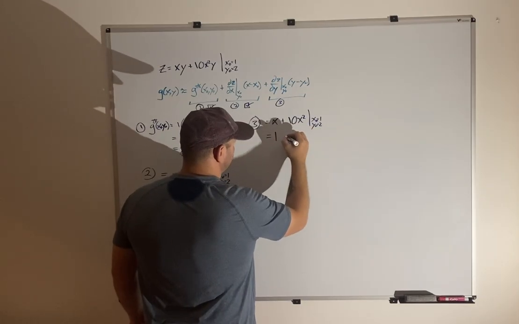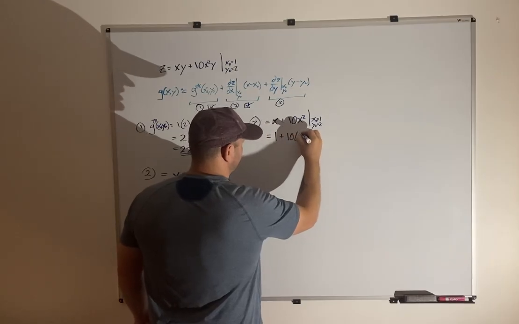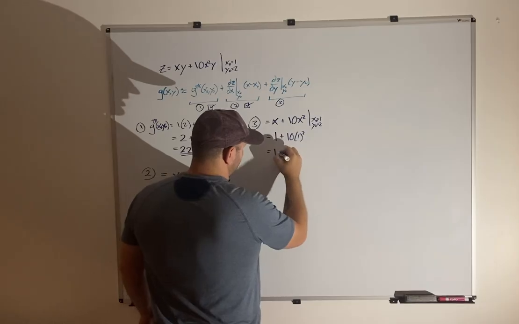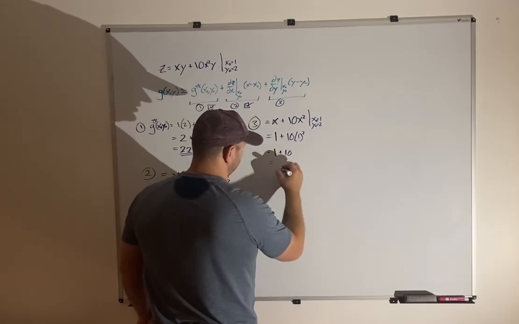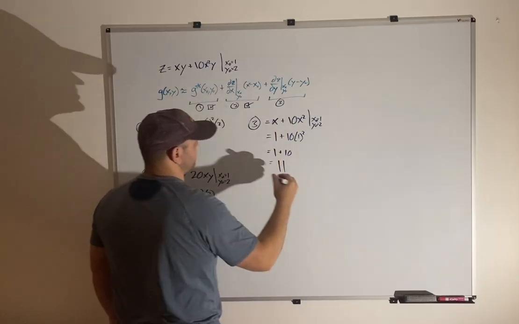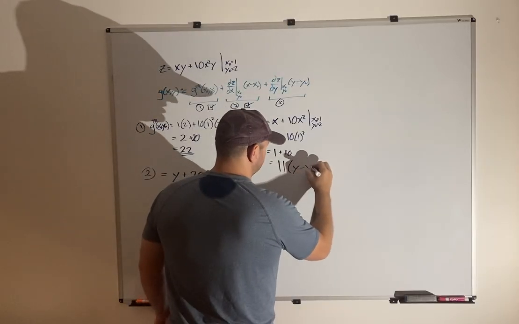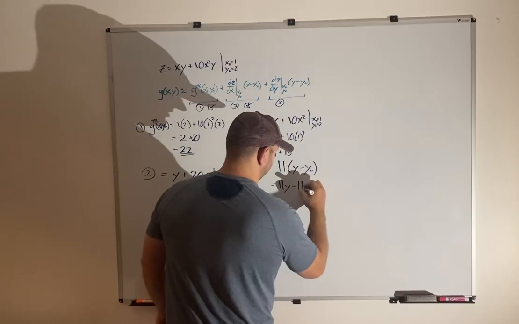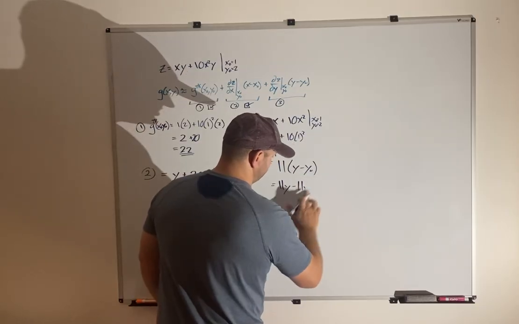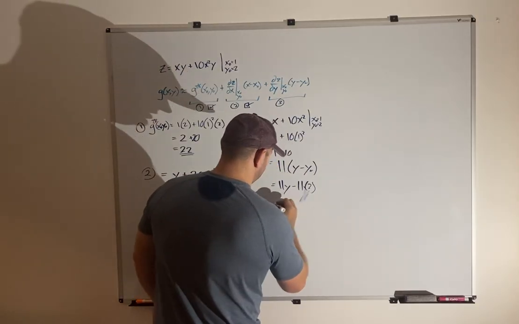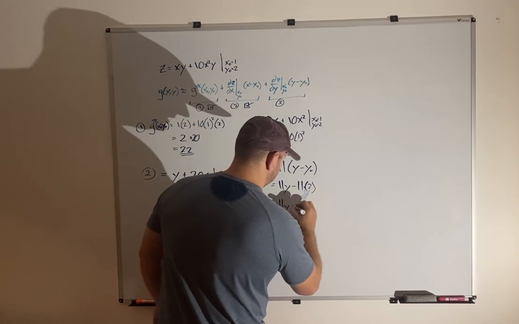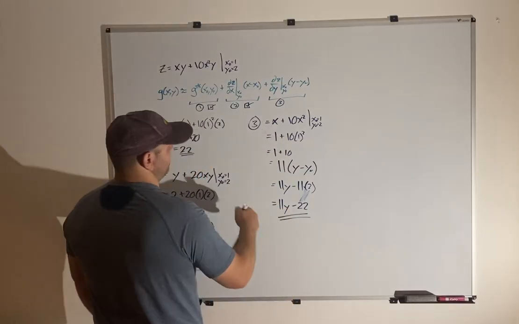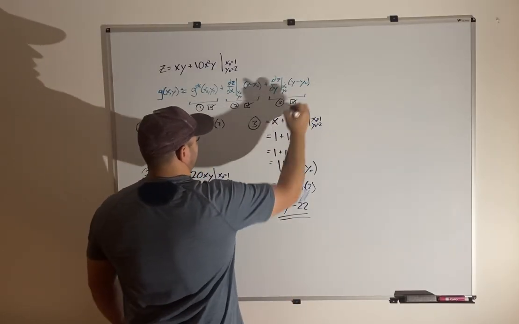X is 1 plus 10 times 1 squared is going to be equal to 1 plus 10 is equal to 11. Not done yet. Now we multiply by y minus y0, which is equal to 11y minus 11y0. y0 is 2. So we've got 11y minus 22. Component number 3, all squared away.